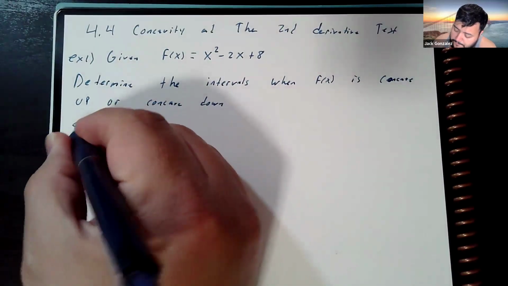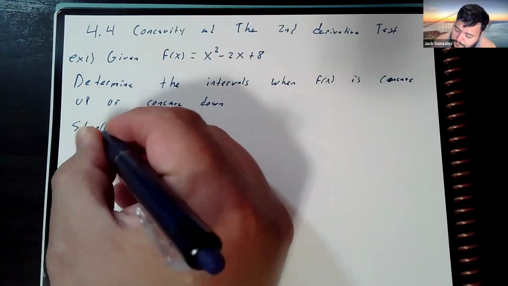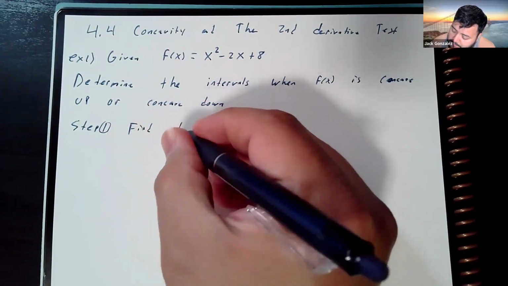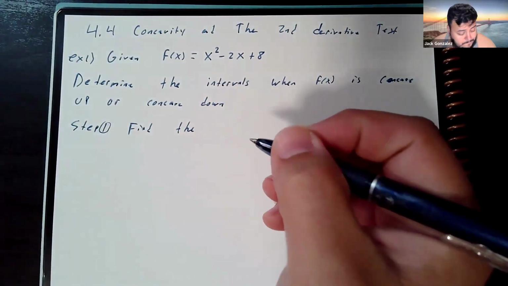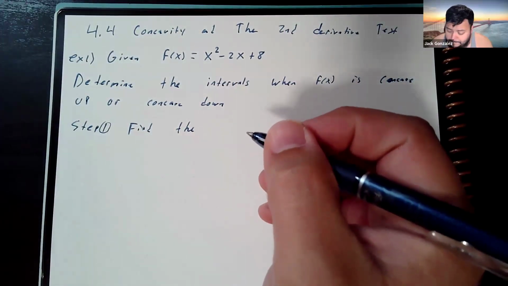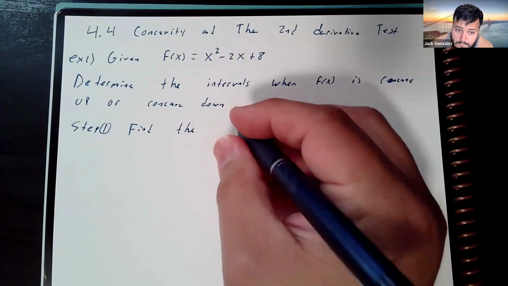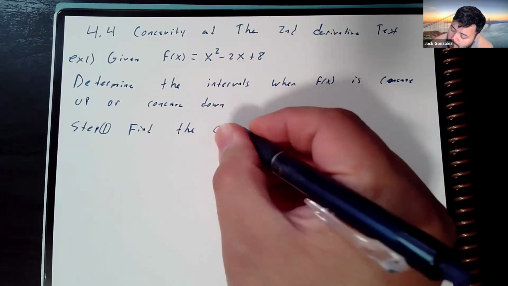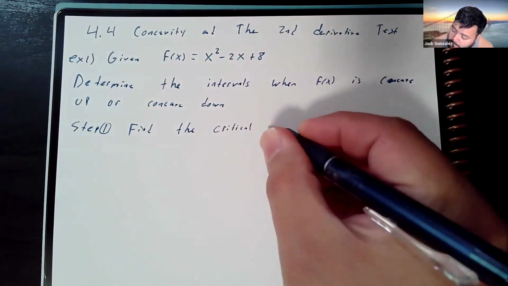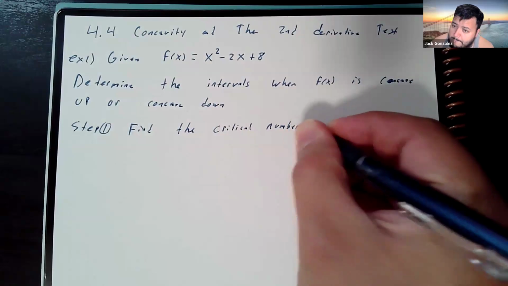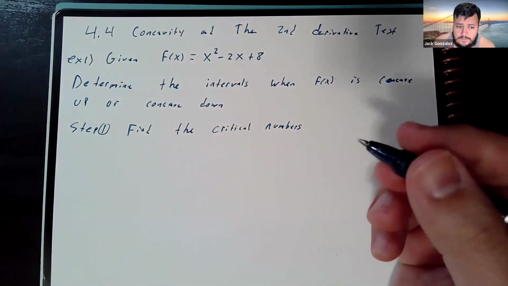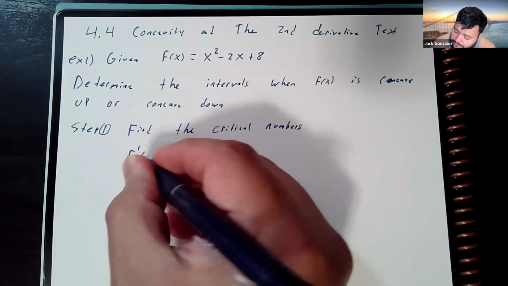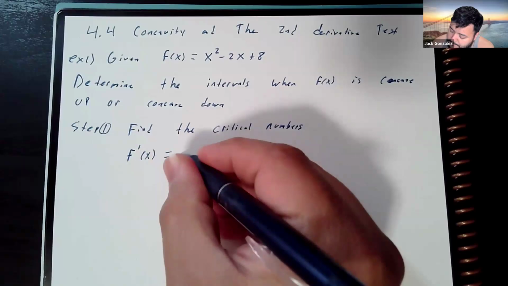So step one. First thing you gotta do is find the critical numbers, just like before with the first derivative test. We've done this a few times, right? We take the derivative and we set it to 0.